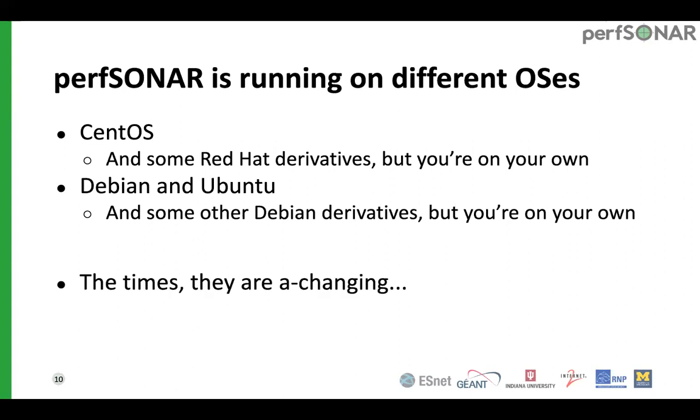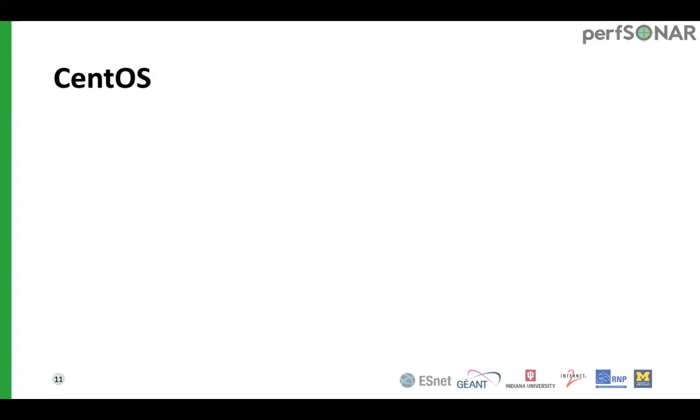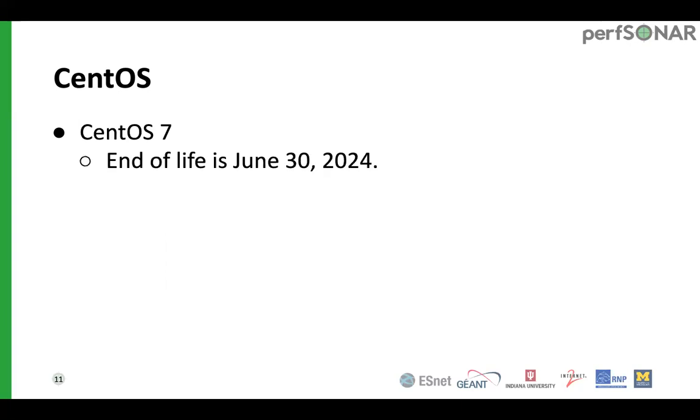But recently, some news surfaced and affected the way we are doing perfSONAR development, and probably the way you'll be doing perfSONAR deployment in the future. So as you probably know, we have at the moment CentOS 7 that we support as our main platform for perfSONAR development and deployment, but with an end of life that is due some years in the future.